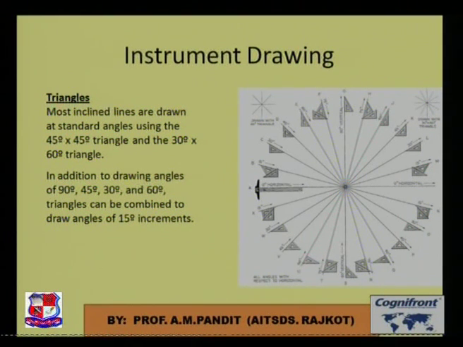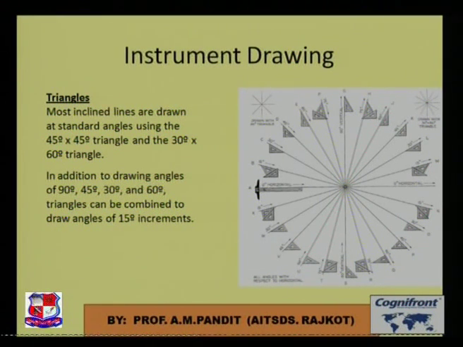How can we draw the triangles? How can we draw the lines? Most of the triangles are drawn at a standard angle using a 45-45 triangle or a 30-60 triangle. You can say set square also. A triangle can also be called a set square. It consists of two sets.